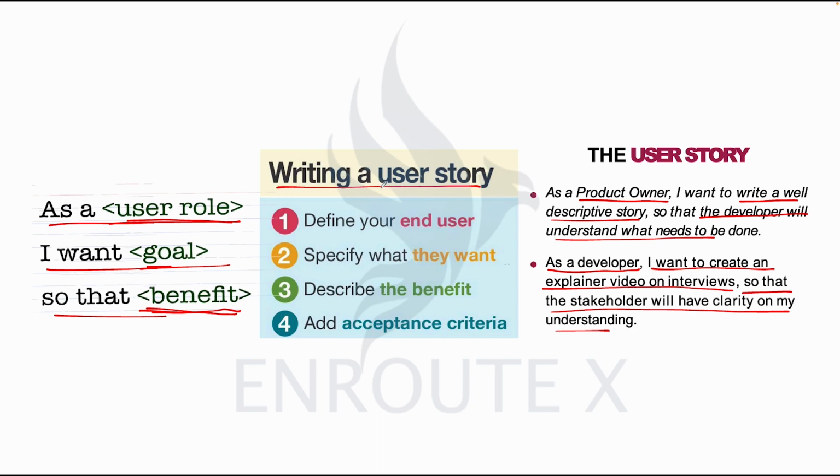So user stories have three elements: who is writing it, what is being done, and the benefits of what would be done. That is the three elements a user story has.